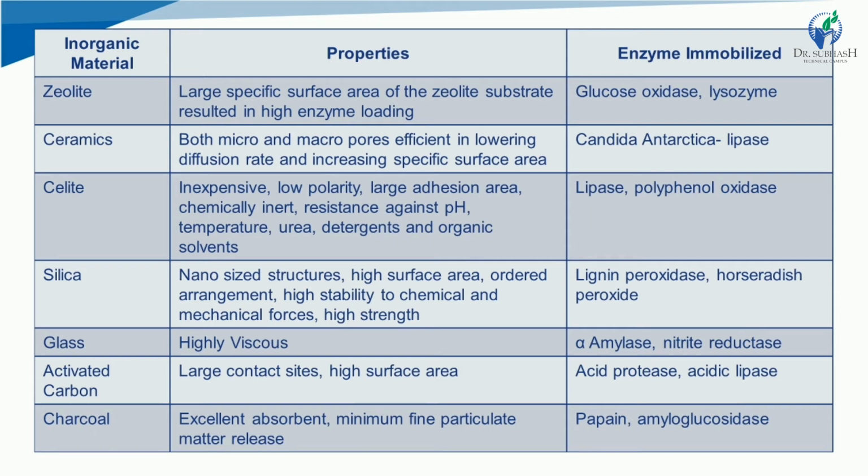As you can see, these are the properties, and this is what they do to the enzyme. Both micro and macro pores are efficient in lowering diffusion rate and increasing specific surface area. So this is a type of mechanism of action. So celite, silica, glass, activated carbon, and charcoal. Please remember this. This is a really important table to memorize. These are the examples of inorganic material.